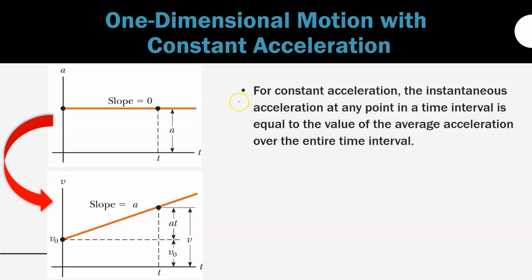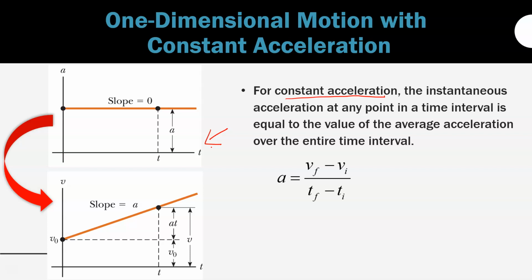In our study of mechanics, we will often be dealing with situations of constant acceleration. This type of motion is very important because it applies to many situations, including an object in free fall near Earth's surface when air resistance can be neglected. This top figure over here shows motion with constant acceleration.